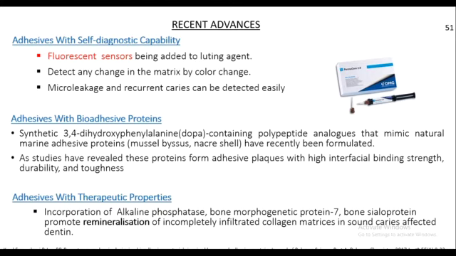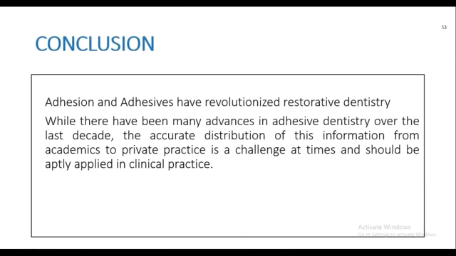Then you have certain adhesives which have bioadhesive proteins, polypeptide analogs which are added, as well as therapeutic properties. These adhesives might have therapeutic properties which help in remineralization, with added bone morphogenetic protein and alkaline phosphatase.